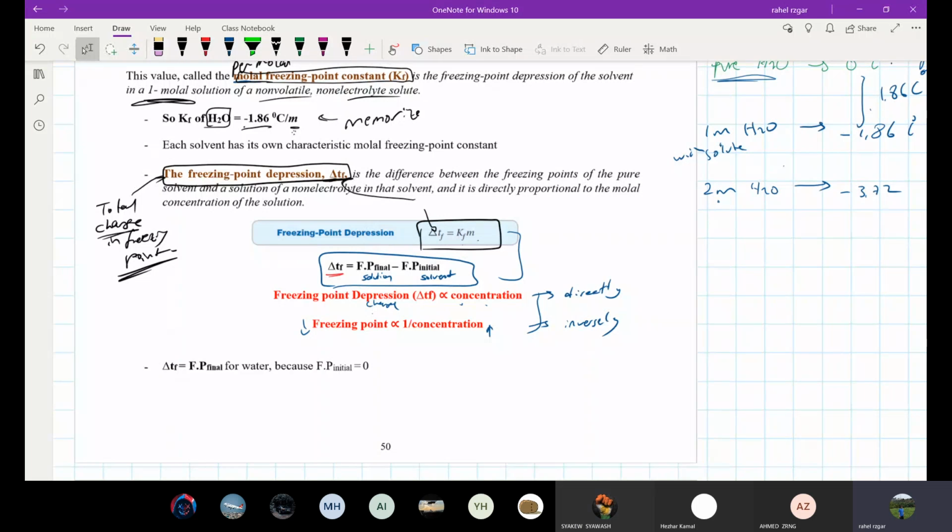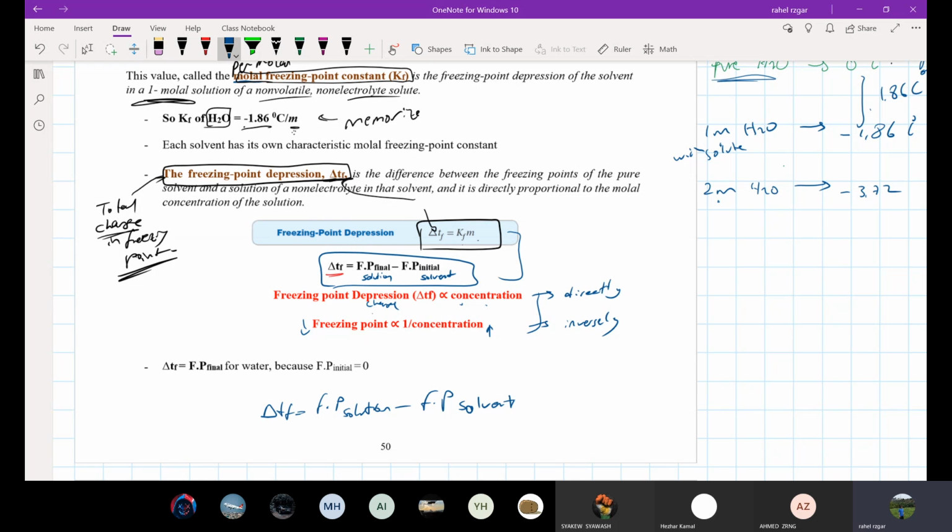You have to know two things. The freezing point of water, what is the freezing point of water? It is 0. And Kf of water is minus 1.86. Also, delta Tf, we said, is the freezing point of the solution minus the freezing point of the solvent.